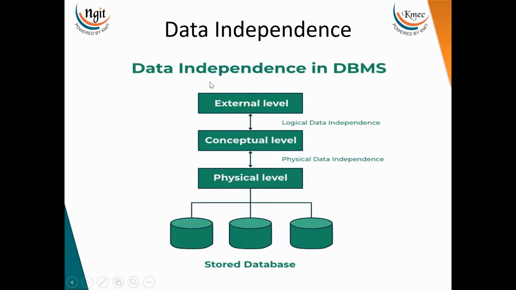It is to be independent from the end users because what data is stored in the hard disks, how much memory space it has taken for storing the data, in which storage devices the data is stored, and is there any indexing that we are following for storing the data, what are the data structures, all such kind of information is not necessary for the users to know. And hence, this part of information is hidden from the users who want to view the data from the database.